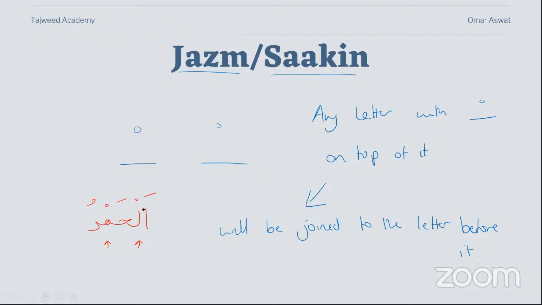So it doesn't have a sound of its own. The way fatha has its sound, kasra e, dhamma u, fathatain an, in, un, it's got its own sound. The letter with jazm sakin, for example al, what sound does it have? Nobody really knows, because you're joining to the letter before. That's why the jazm sakin is considered to be the weakest symbol.